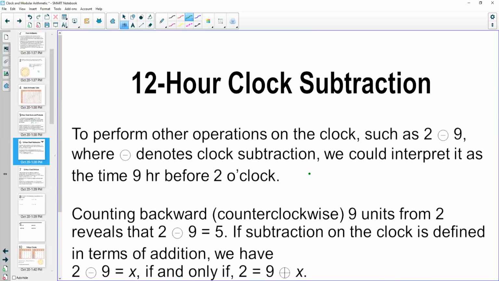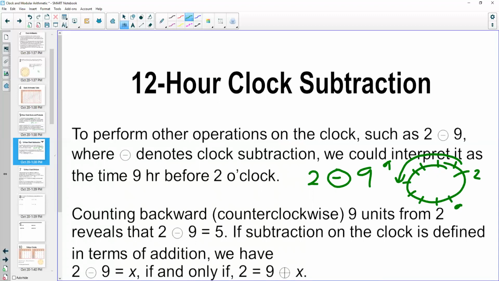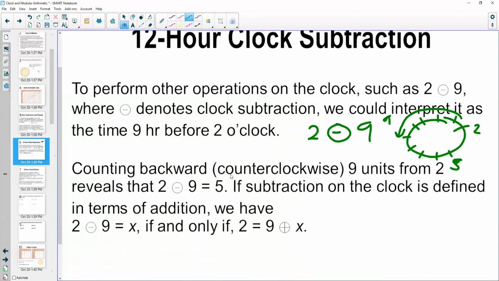So if we think about 2 minus 9 on the clock, essentially what we're doing is starting here at 2 o'clock, and we're going to go backwards 9 hours. So 9 hours before 2 gets us to 5 p.m. So if we count counterclockwise, that's subtraction.